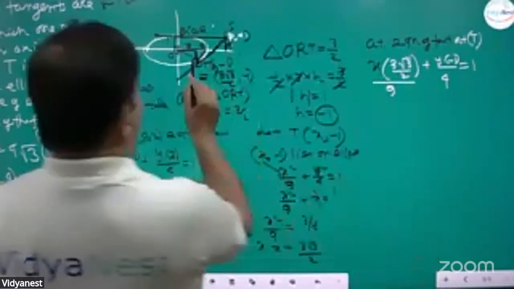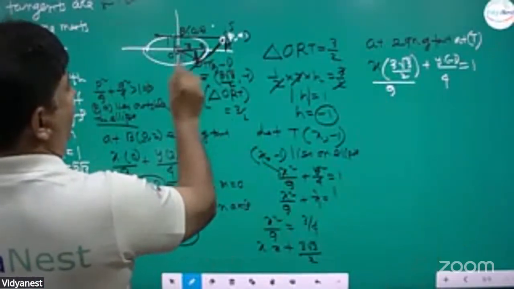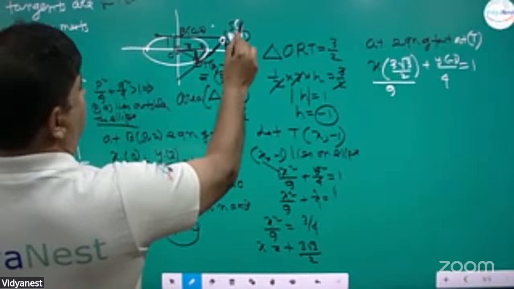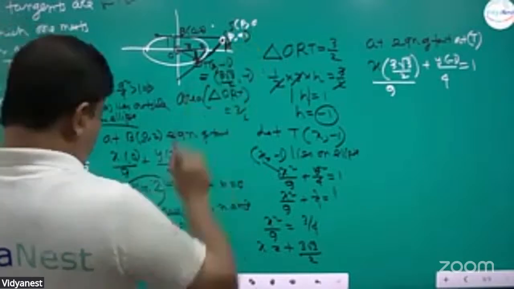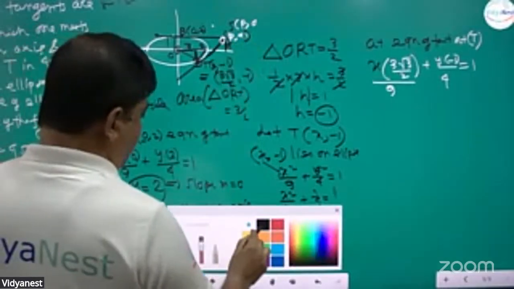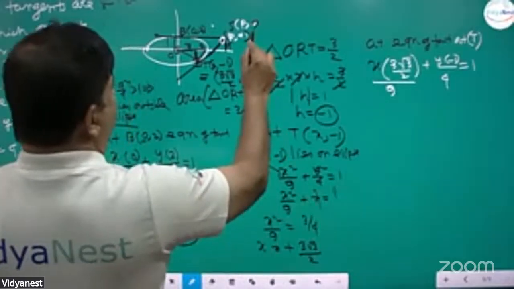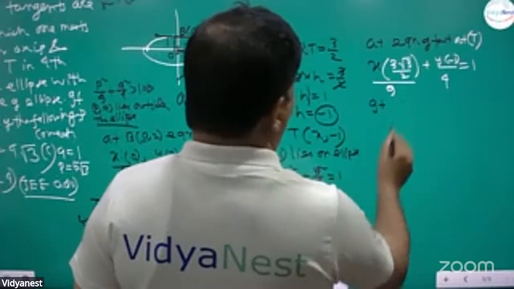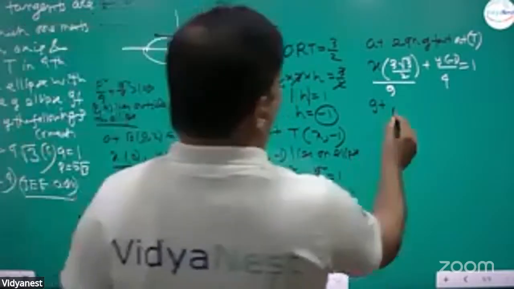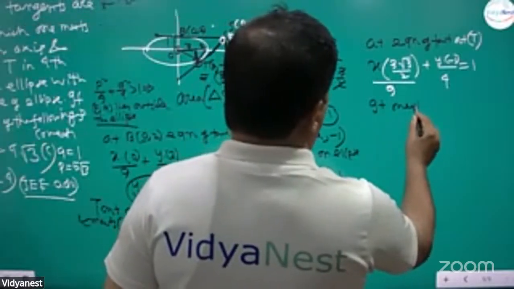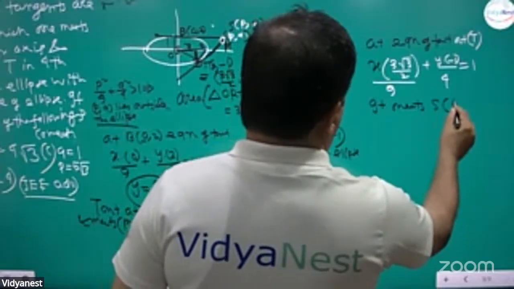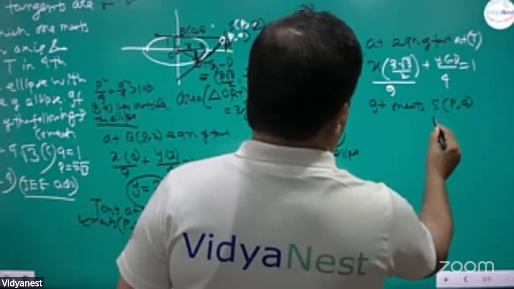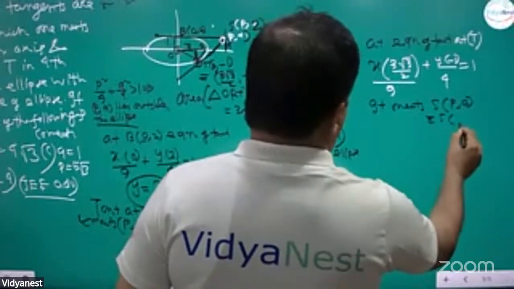Now it straight meets the point S. Here S is (P, Q). Q we have just got 2. It meets S, that is (P, 2).